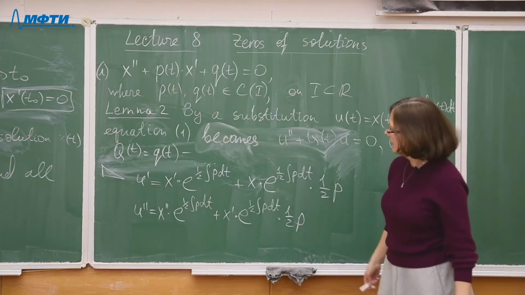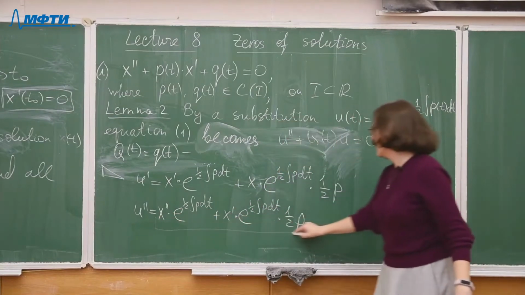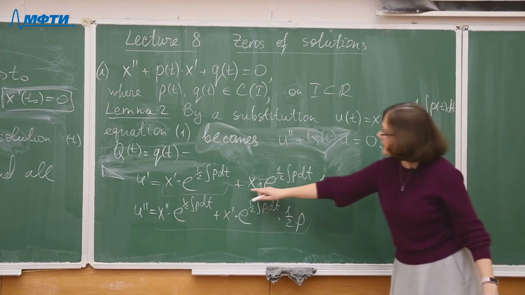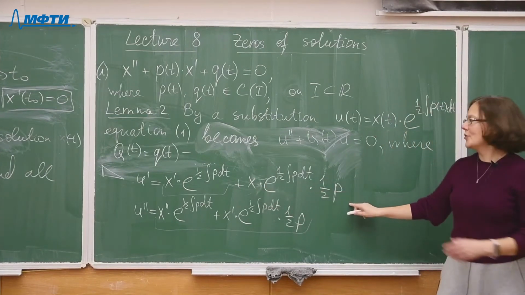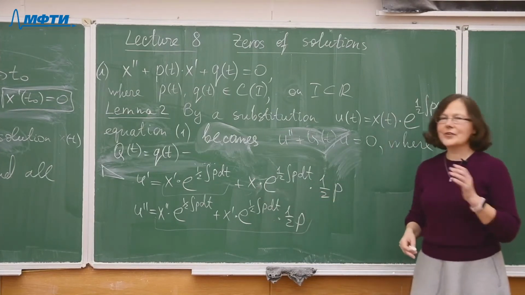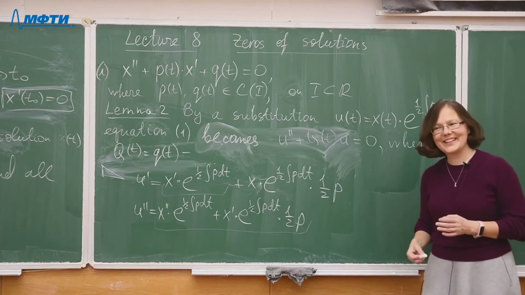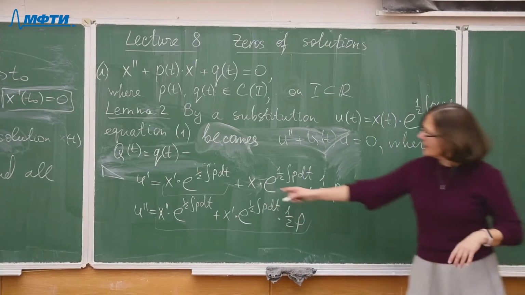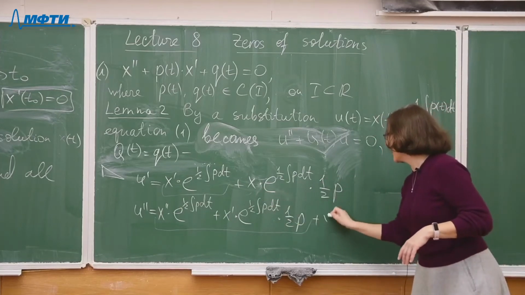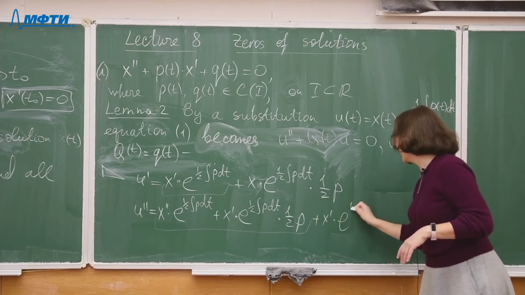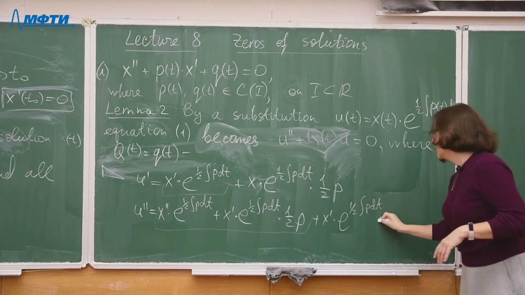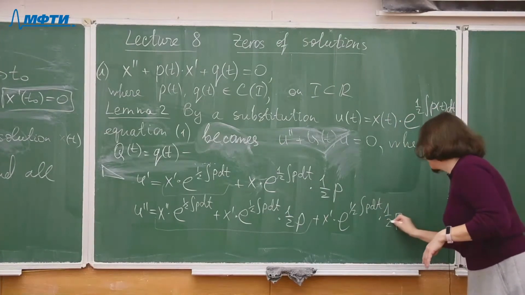Well, this is the derivative of the first term. Next, let's differentiate the second term, but it involves three factors, so we will use the chain rule. The derivative of x, so plus x prime times e to the power 1/2 the integral p dt times 1/2 p.